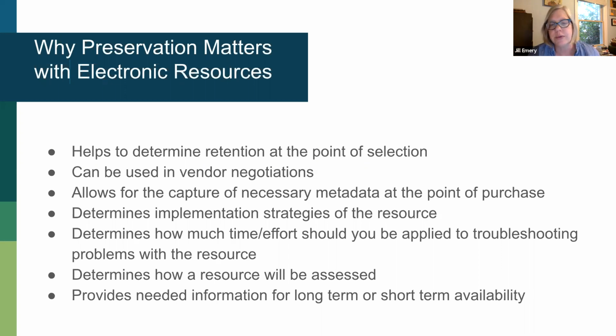It determines how a resource will be assessed and what you're really looking for, especially when you're making one-time purchases, one-time buys. You're probably not having to look at cost per use to the same extent you would be with current subscriptions and current cost resources. And it also provides the needed information to determine what is your long-term and short-term availability of resources.